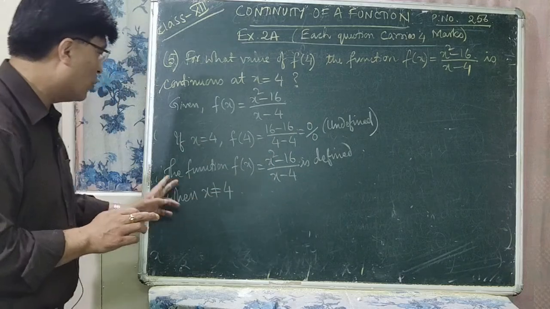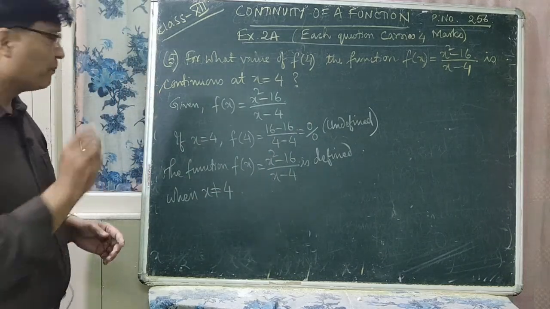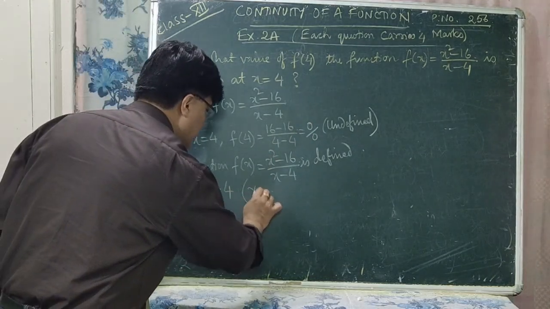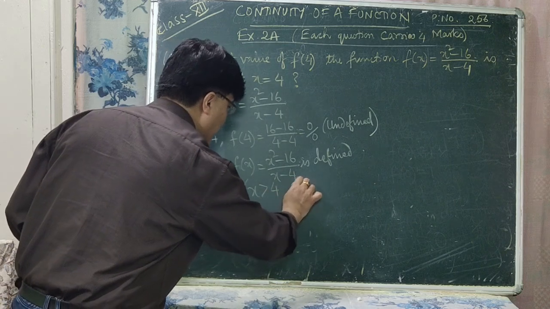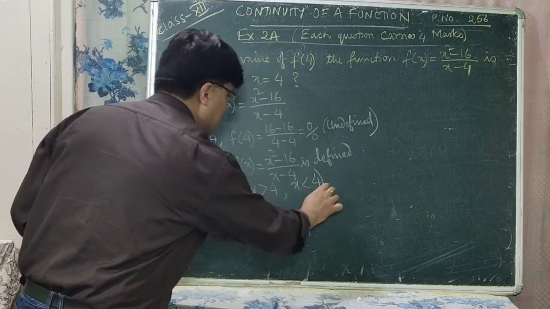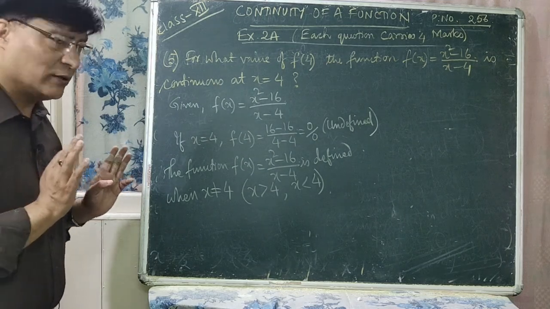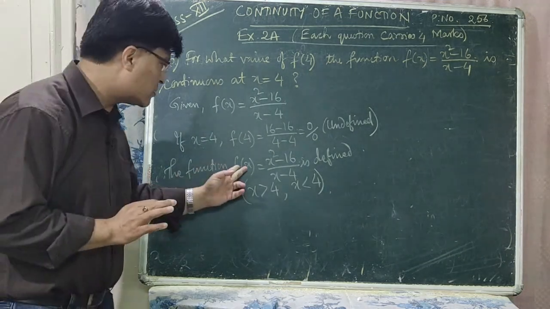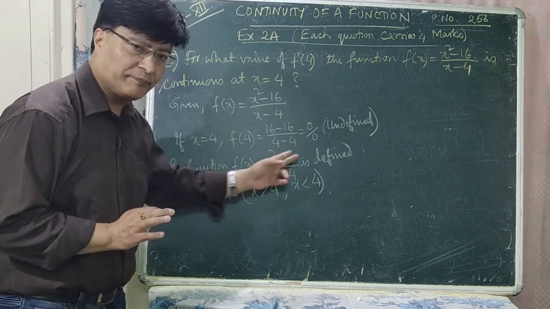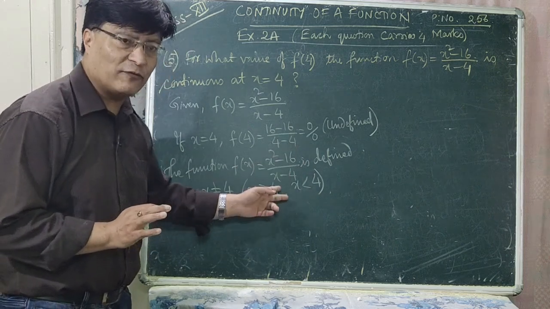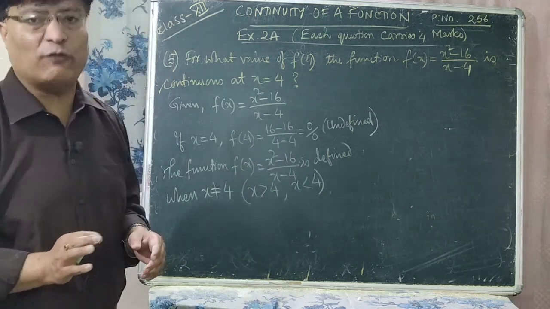That means the function f of x is equal to x square minus 16 by x minus 4 is defined when x not equal to 4. So when x not equal to 4 means either x is greater than 4 or x is less than 4. Now I think you have understood it. So this function of x is defined when x is greater than 4 and x less than 4.